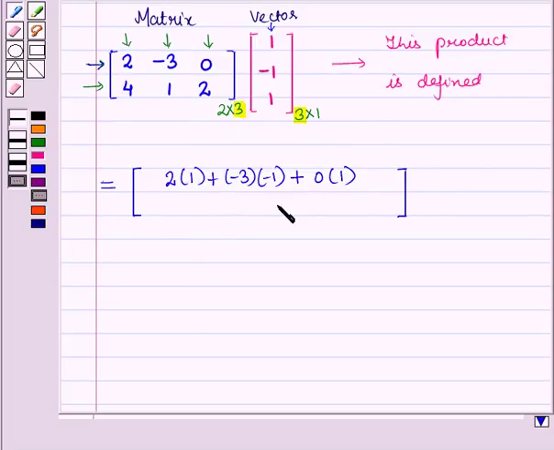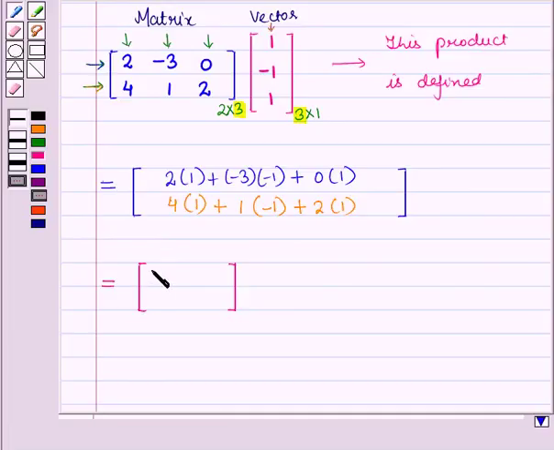Similarly, we will have only one element in the second row of this product matrix, which will be obtained by taking second row of this matrix and this column of the given vector. So here we have 4 into 1 plus 1 into minus 1 plus 2 into 1.